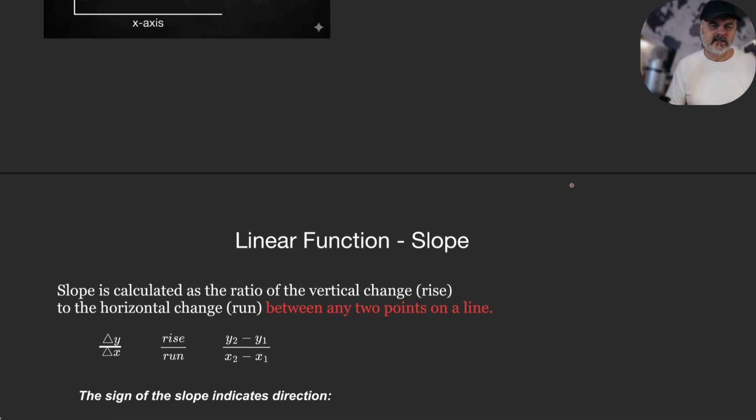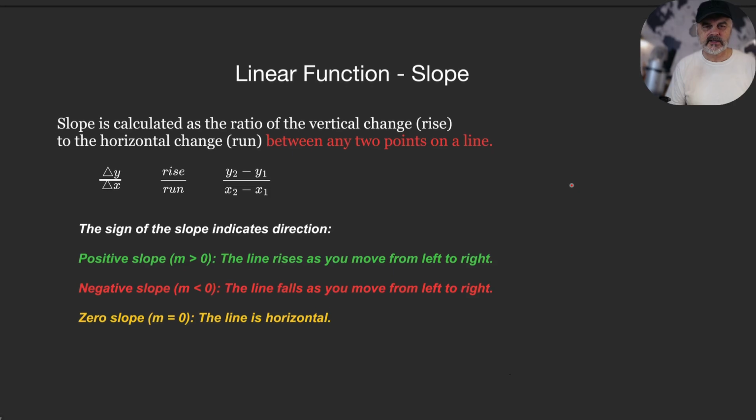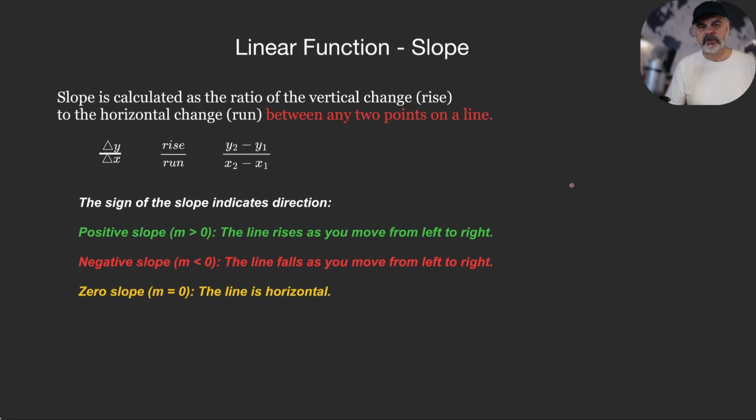So let's see how that works in broader application. The slope is always connected with a linear function. That concept cannot be separated. When you have a slope of a line segment, that represents a broader picture that there is a line, and a line segment is just a portion of that line. As long as you remember the change in y values divided by the change in x values.